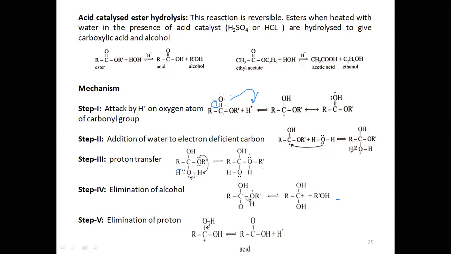Now only one lone pair of electrons is there on this oxygen, because one lone pair is involved in bonding with the carbon. You have to carefully see the arrow marks, the shift of electrons and the number of lone pairs on each atom. Dear students, please observe this carefully. There were 2 lone pairs here, one lone pair is involved in the bonding, therefore now only one lone pair will be there and a positive charge will be there.